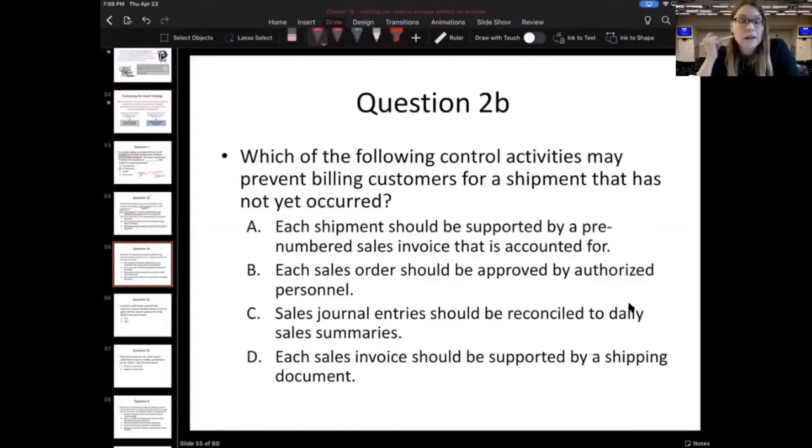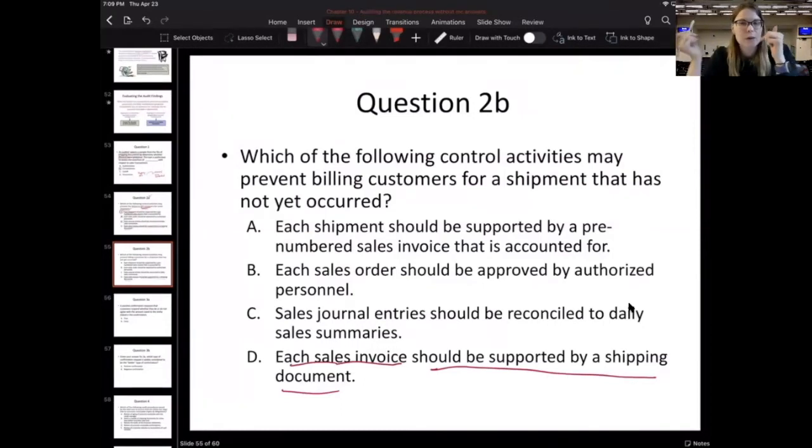Then clearly when I'm getting ready to charge you, I want to make sure I have a shipping document. This one is much easier for people to get behind logically. For each sales invoice, when I'm getting ready to bill you, I should have a shipping document to support that, so I'm not trying to bill you for something I haven't shipped. So this makes more sense than the reverse.